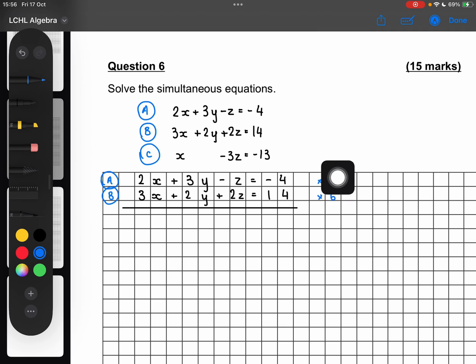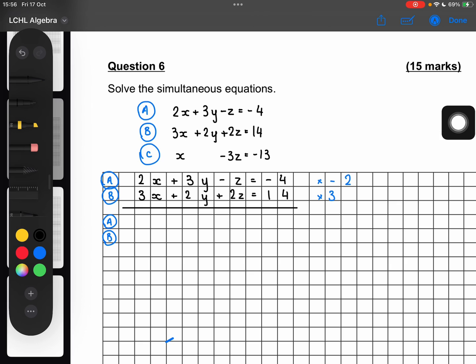So that's why I'm multiplying by a minus here. Okay, so I'm multiplying by a minus here, so that one of them is going to be a -6y and the other one's going to be a +6y. Otherwise, we don't actually have to worry about the minus if we're happy to, if they have the same sign, to subtract one line from the other. Okay, but look, we're doing it this way.